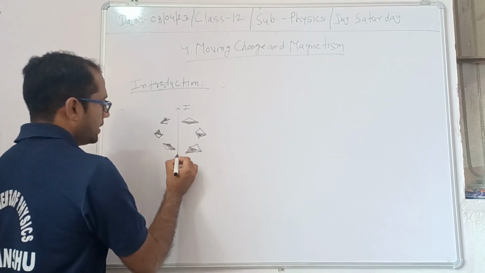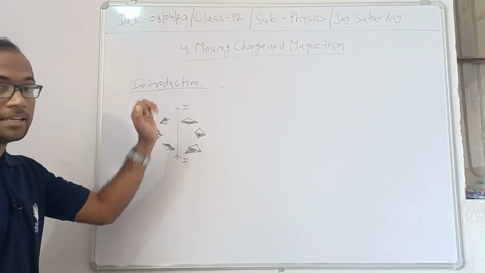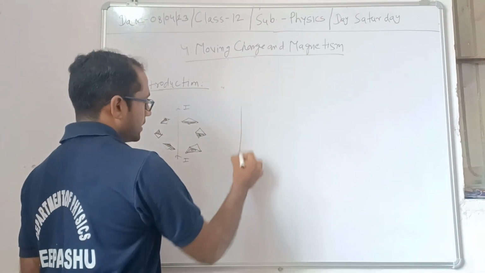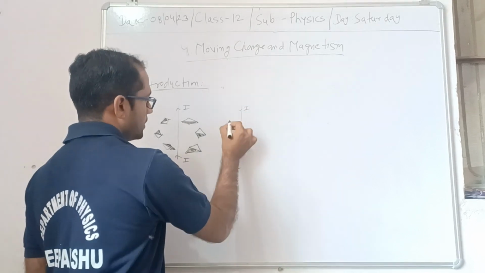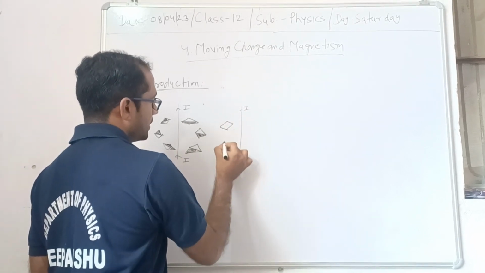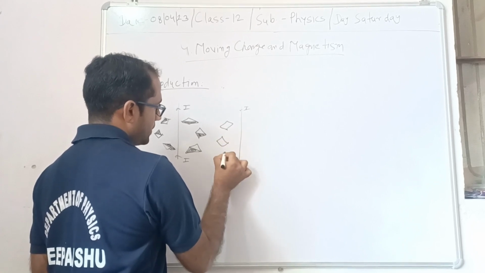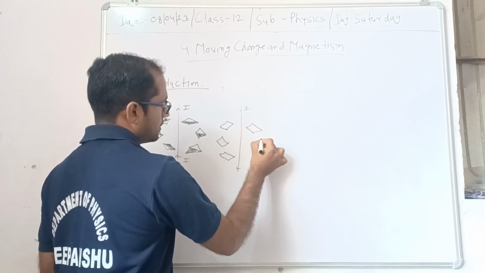If I put the compass needle near a current carrying wire, and in this wire the current is upward, and we change the direction of the current so that it is downward, then the direction of the compass needle is also opposite. It means a current carrying wire generates an external magnetic field in the surroundings of this wire. This is the direction of current, and this is the direction of the compass needle.